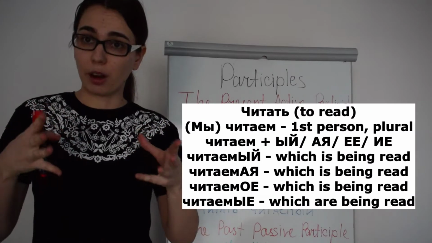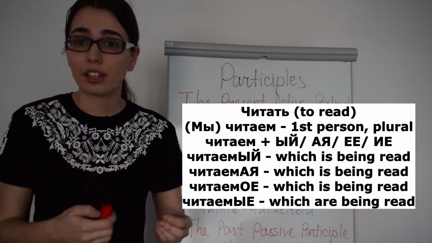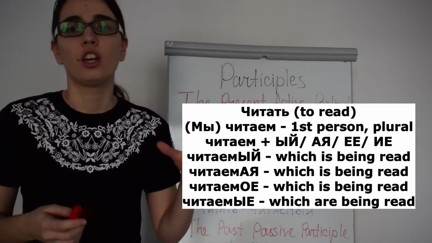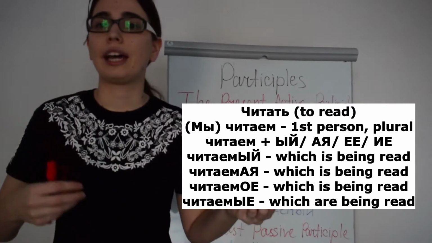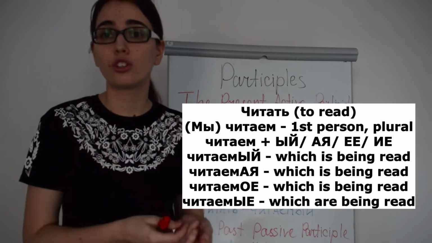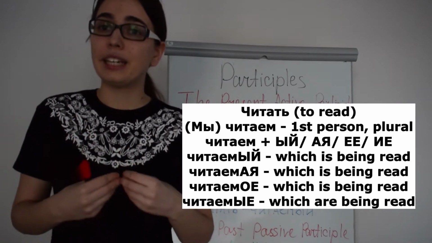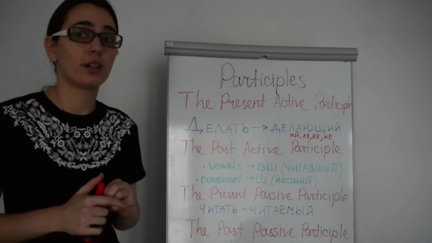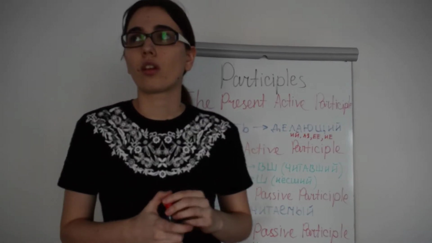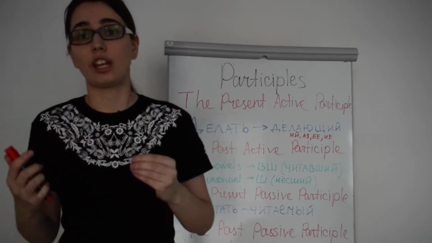We take this part only, and we add the adjective agreement endings. If it's masculine, читаемый, if it's feminine, читаемая, if it's neuter, читаемое, and plural, читаемые. For example, газета читаемая, книга читаемая.